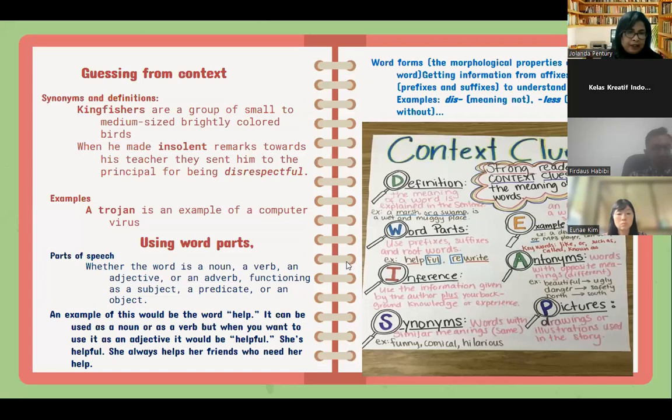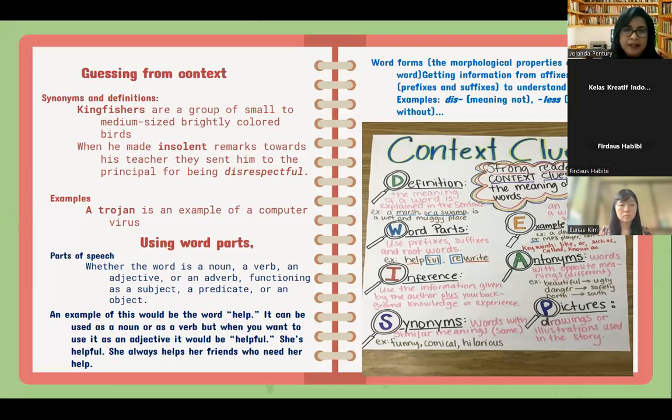So, for example, she is helpful. She always helps her friends who need her help. So the first is helpful as an adjective, helps as a verb, and the second help is a noun.